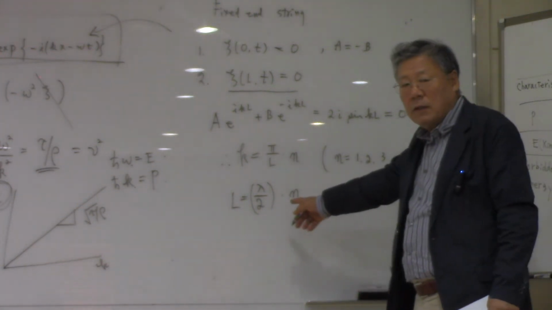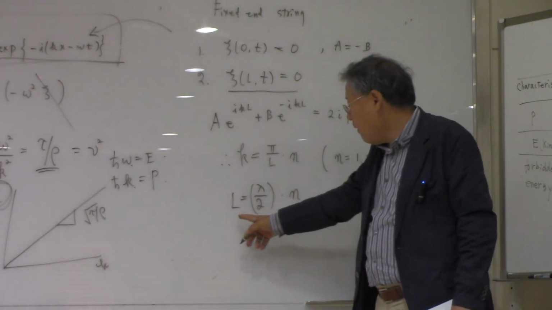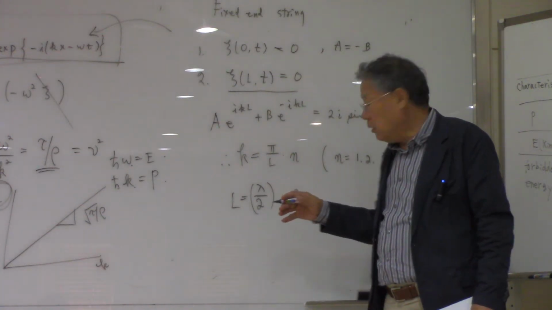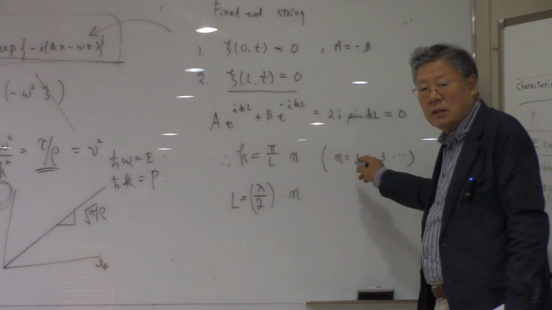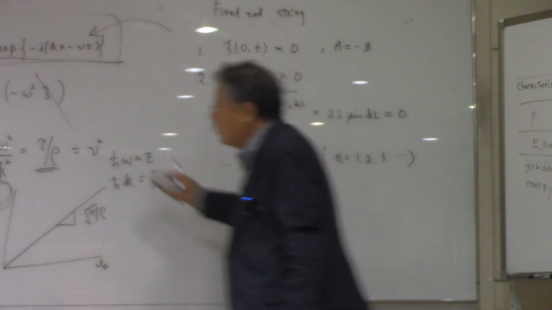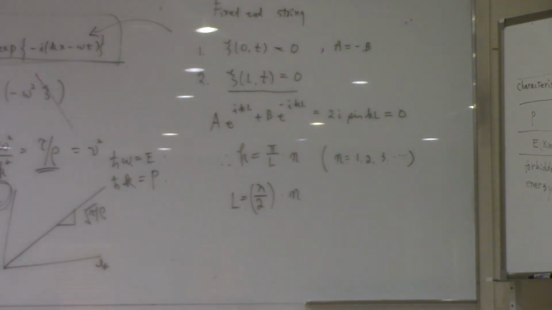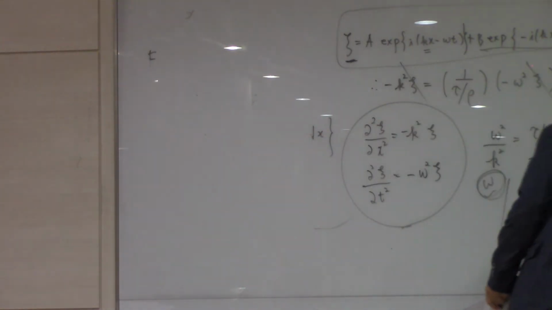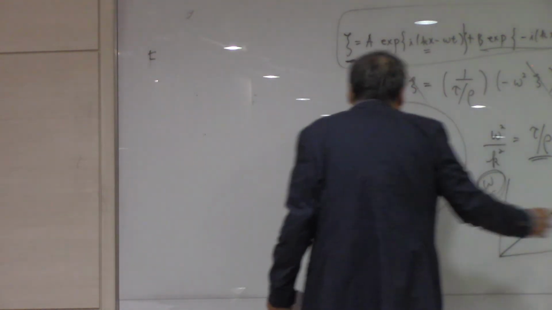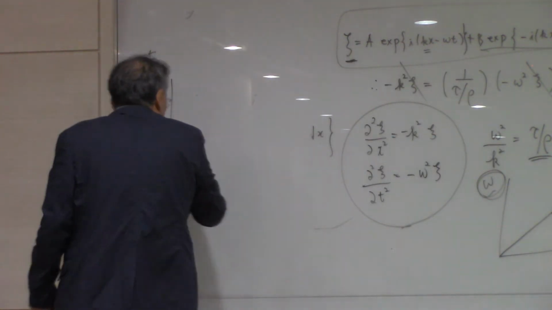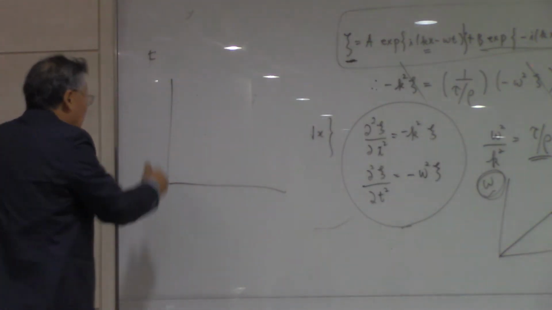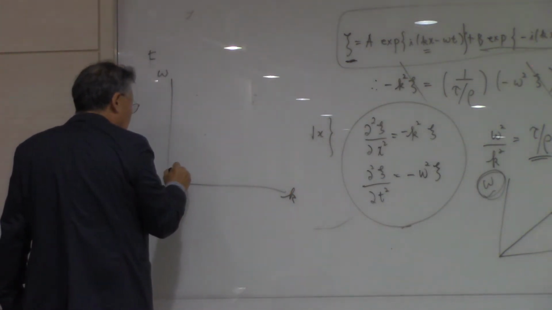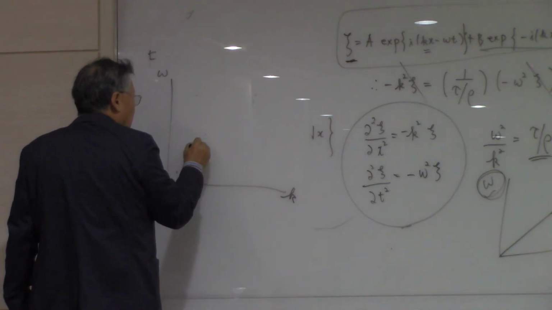That's interesting. We cannot have values corresponding to n in between these numbers. Okay? So when you draw this dispersion relation, omega versus k, now it's not a continuous line.